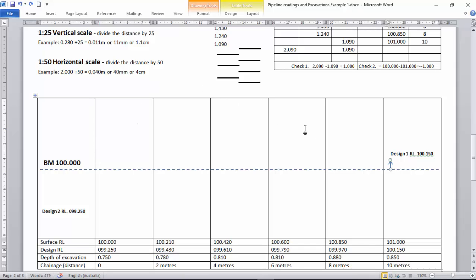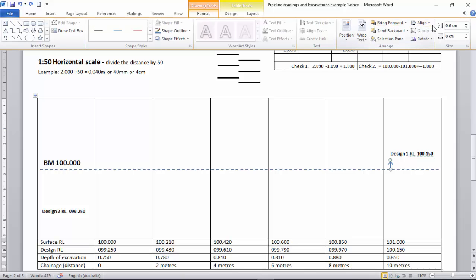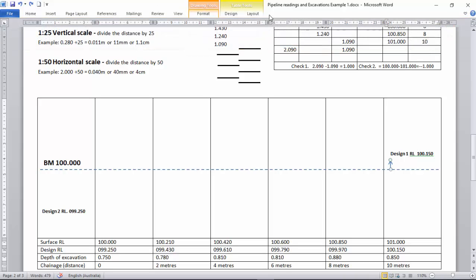So what we do, we divide our 150 mil by 25, and we get an answer of 0.006, which is 6 mil. So we actually click on that, click on format, and it is 0.6. We then put our tab on top of that, and that's the height of our pit.